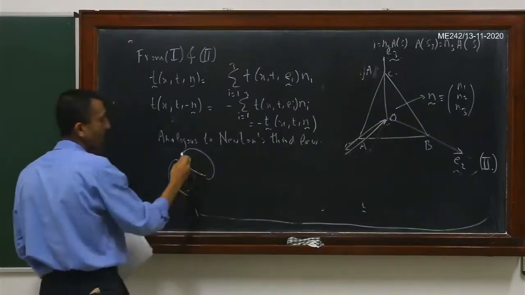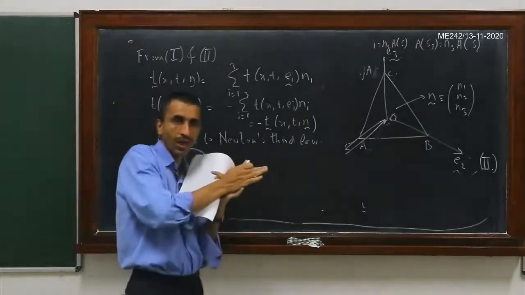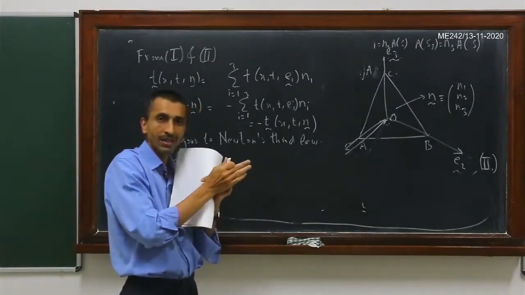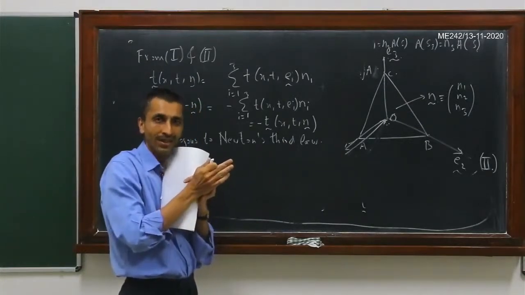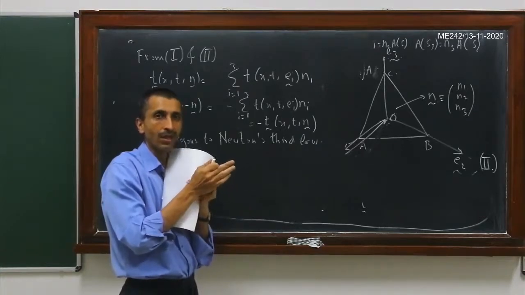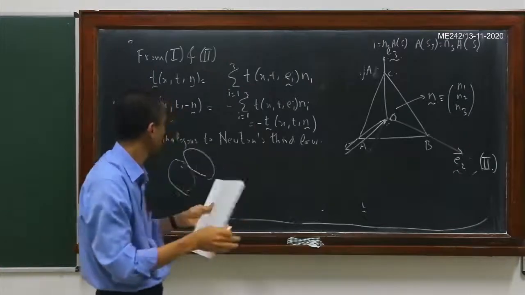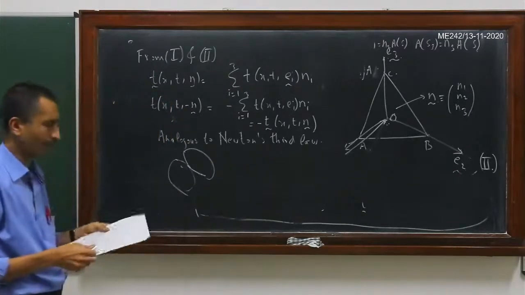This body is pressing on the first one, and the first one is also pressing against the second one with a reaction that is equal and opposite to the force exerted by the first body on the second body. Correct? So that is this law of action and reaction.